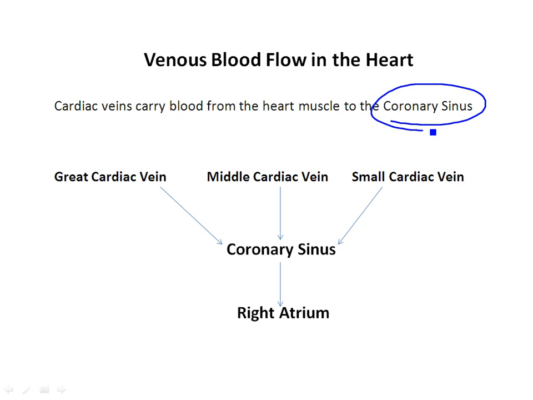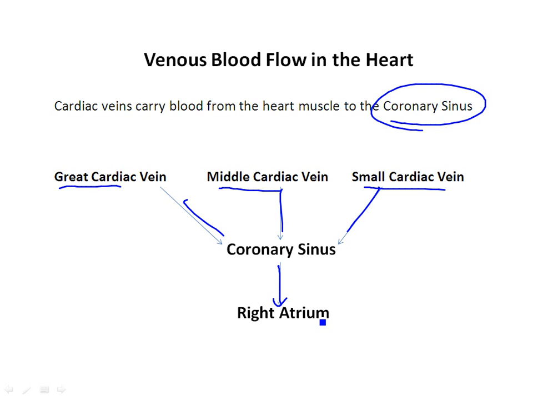It's kind of ballooned out, so you can't miss it if you're looking on the back side of the heart. And that's going to be where all the veins drain into. And then that coronary sinus is then going to drain into the right atrium. So you've got all your main vessels, the great cardiac, the middle cardiac, and the small cardiac vein. They all come down and they go into this coronary sinus, which then drains into the right atrium.